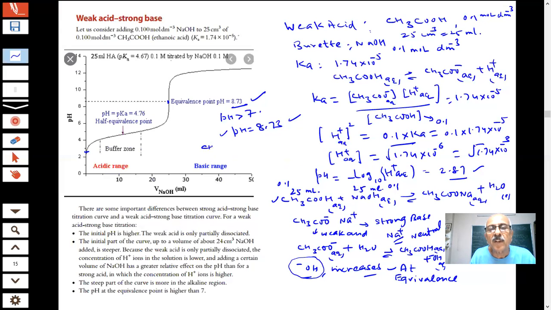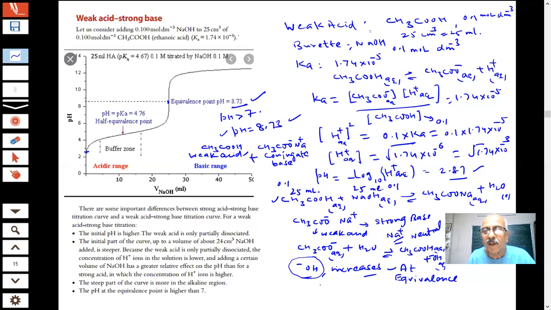You have acetic acid in the solution, and you have CH3COONa. This is a weak acid, and this is the conjugate base of a weak acid. Such solutions are known as buffer solutions. So they form a buffer.